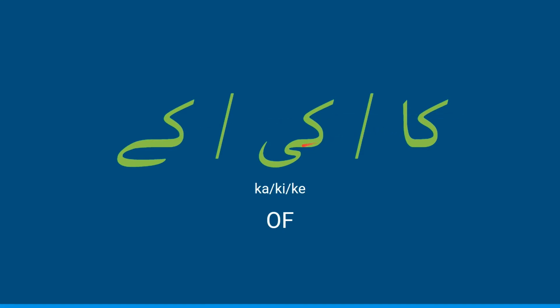Ka for masculine singular, ki for feminine either singular or plural, and ke for masculine plural or mixed plural. All of these words mean the same thing, of.